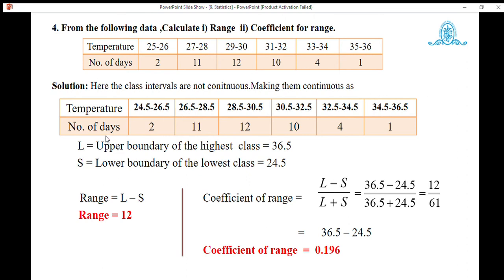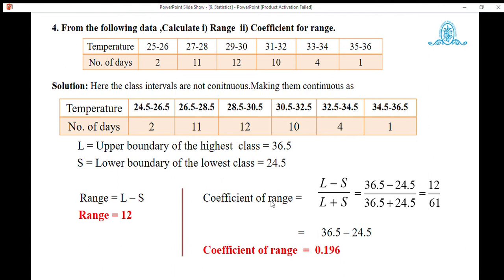What is the L value now? The upper boundary of the highest class is 36.5. Capital S, the lower boundary of the lowest class, is 24.5. So 36.5 is L, and therefore range is 36.5 minus 24.5, that is 12.